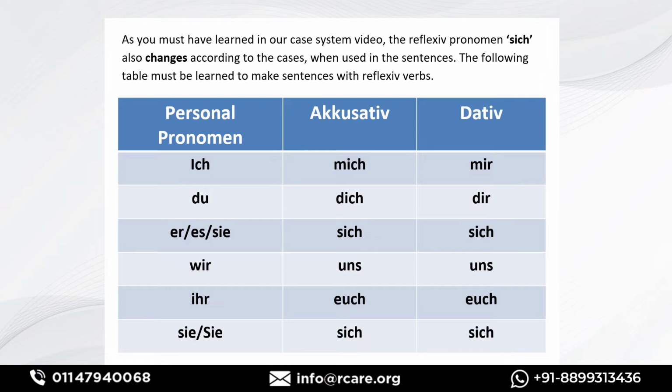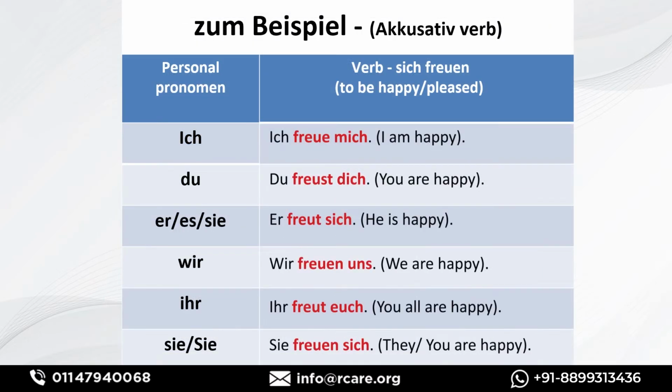So let's come to the third slide, which has the examples, so you can understand better how we use the reflexive verbs. Now we are starting with the accusative verbs only.